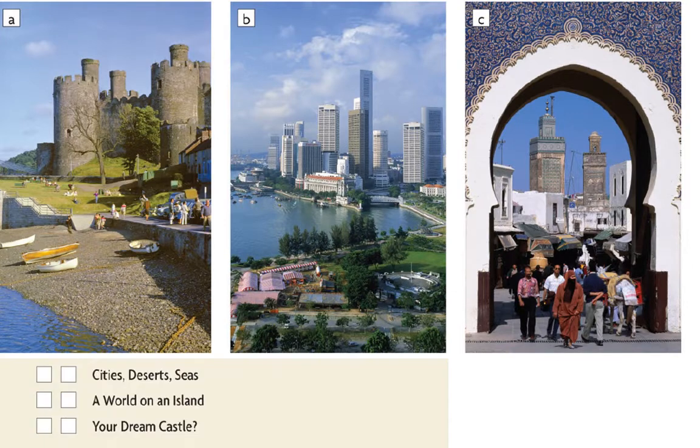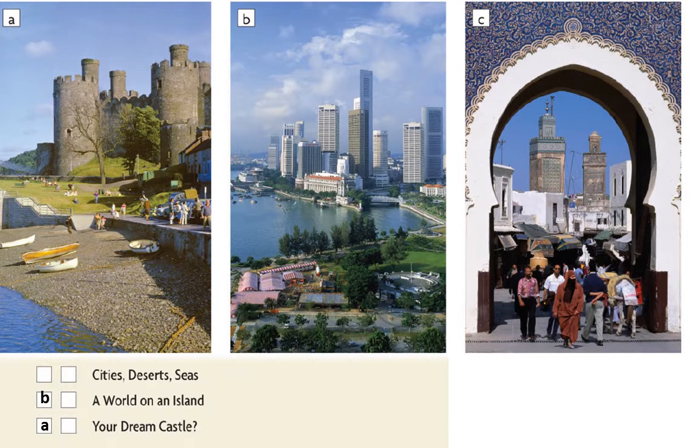Let's go to the three topics, which are cities, deserts, seas, a world on an island, your dream castle. So, photo A, it is very clear, is about a castle. We can say photo A is your dream castle.